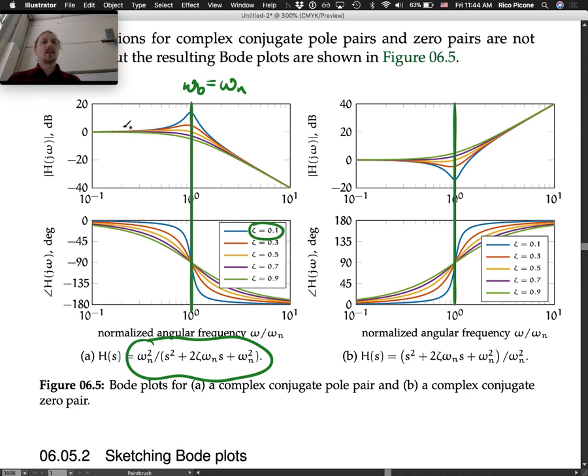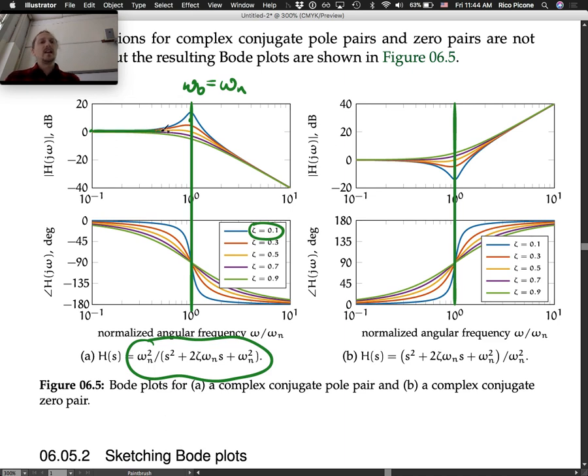So we get this peak, and you have to say, okay, what is my zeta? When you're trying to do this magnitude plot, you say, what is my zeta? If it's like 0.2, it's going to have a peak between the blue and the orange. So I'll say my peak is like this. When I draw my sketch, I'll say it's 0 below this.